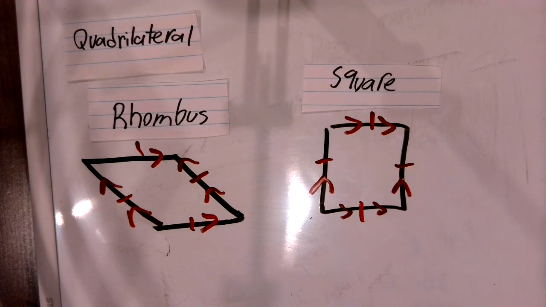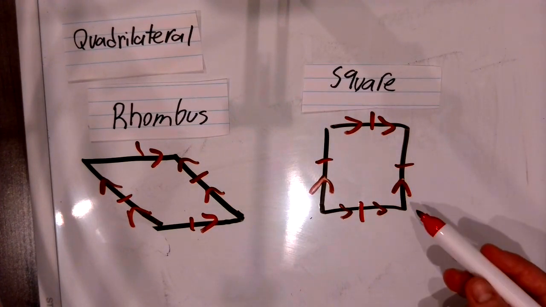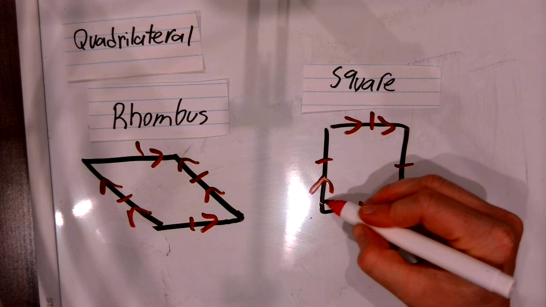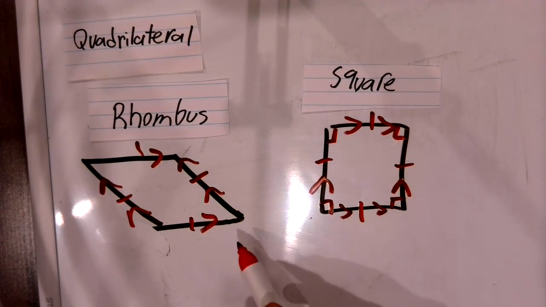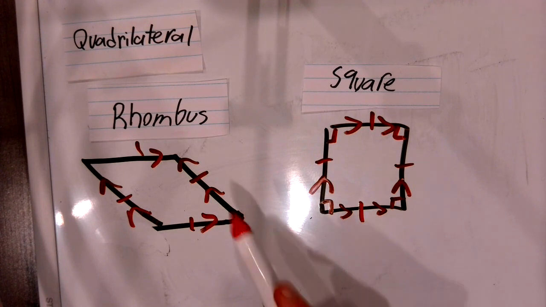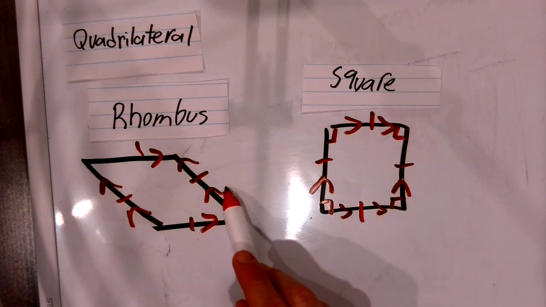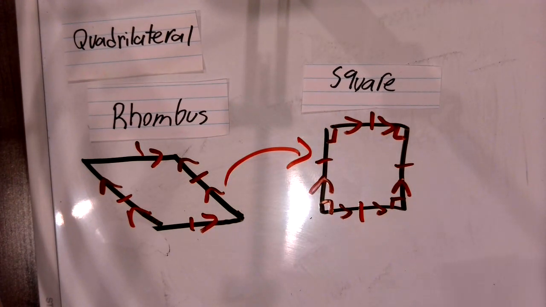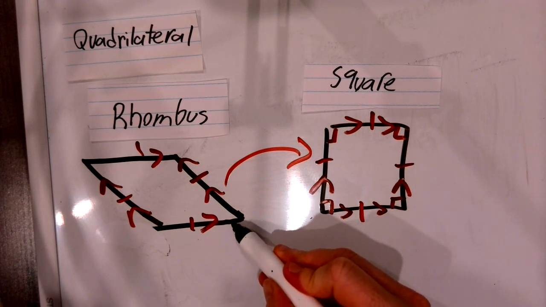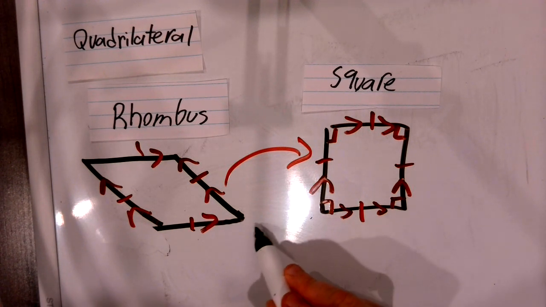Well, what's different? A square has four right angles. A rhombus will never have a right angle because if it did, then all four would be right angles and it would be a square. The angles for a rhombus could be, see this right here, it's smaller than a right angle.